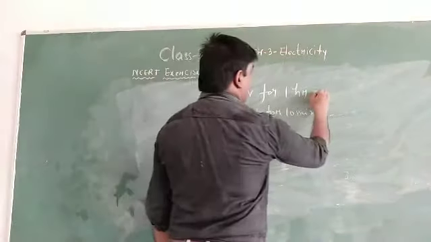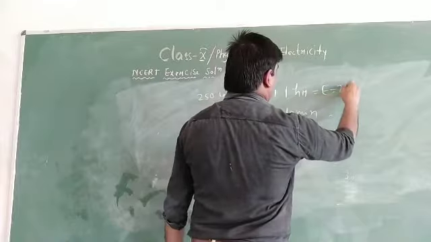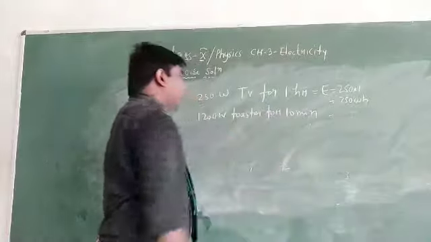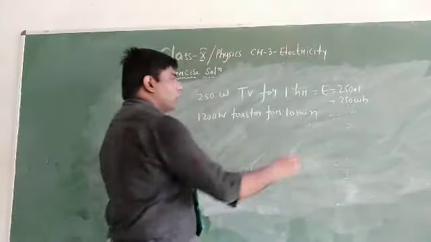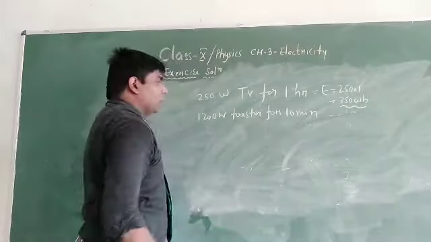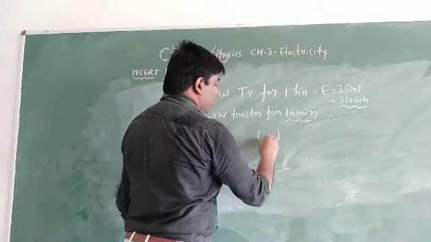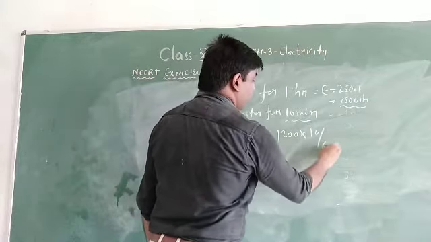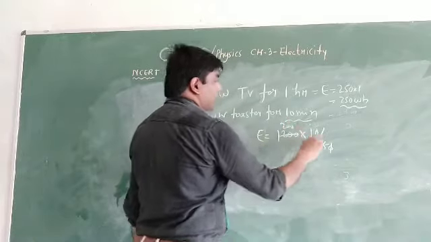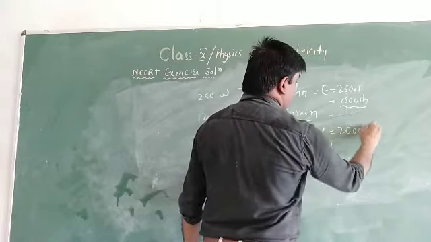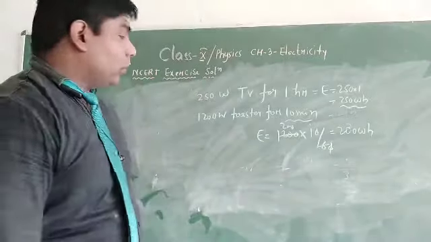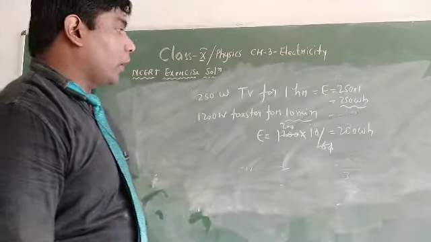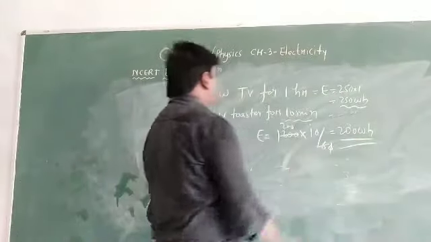So here, for 1 hour, the energy in the television will be 250 watt hour, and for the toaster, it is given only 10 minutes. So energy is equal to 1200 into time. So if you compare, you see, though the rating of the toaster is greater, but time of run is smaller, so its power consumption will be less than power consumption of television.